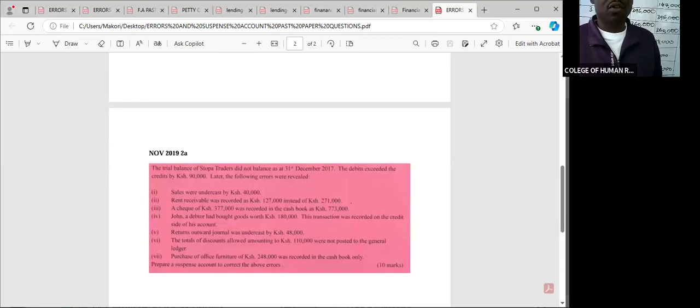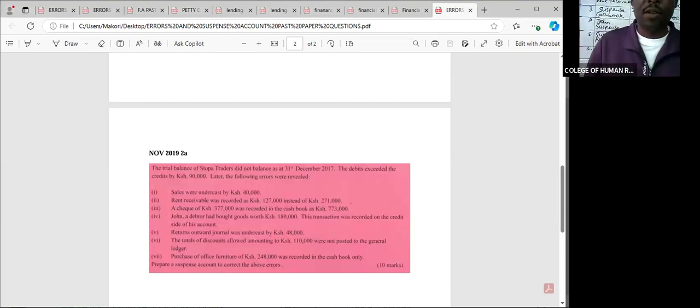The trial balance of Stopper Traders did not balance on that 1st of December 2017. The debits exceeded the credits. I told you that figure that made the two sides of the trial balance not to balance is recorded as balance brought down in the suspense account, but it should be recorded on the side with less.